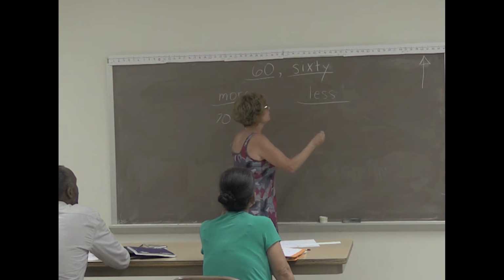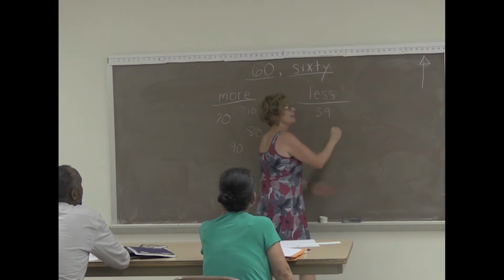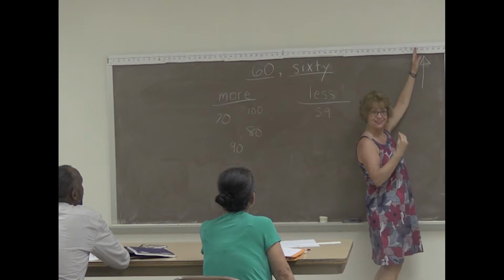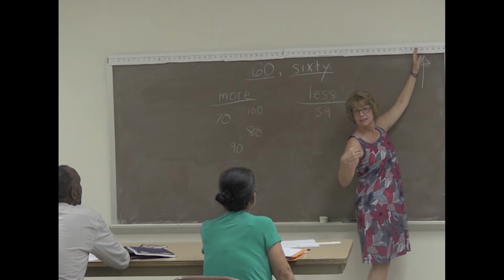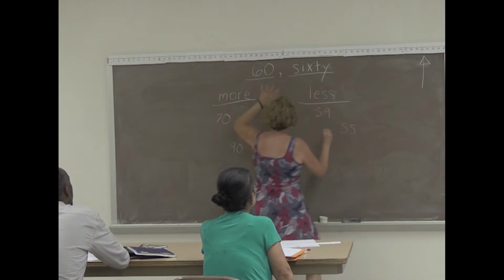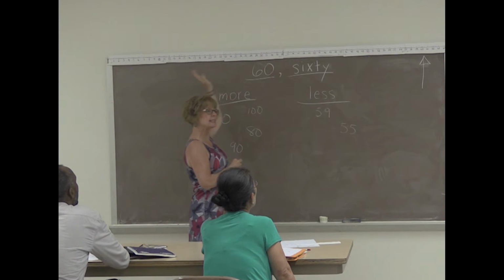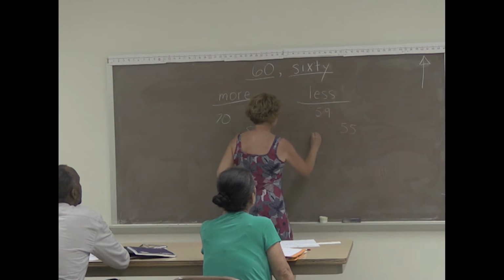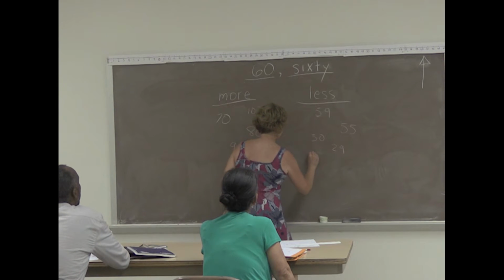59. 59 is one number less than 60. Good. Give me another one. 55. 55, sure. Give me something over here, right? All these numbers are less. 30, 29, 39. 39, good.